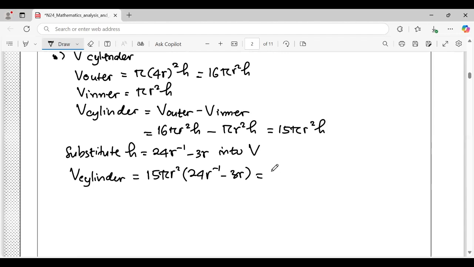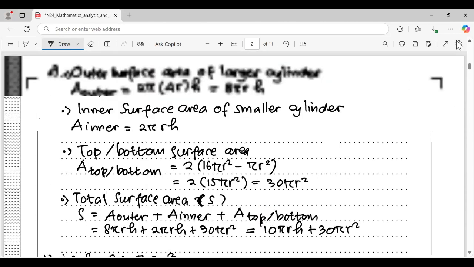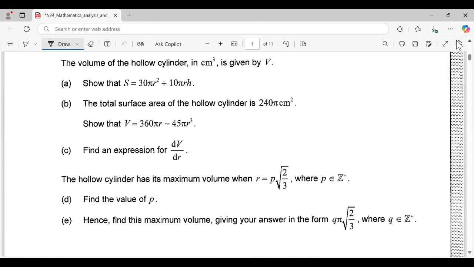And if you calculate, the result is 360 pi r, because 2 minus 1 is 1, minus 45 pi r cubed, that one. This is the volume cylinder.